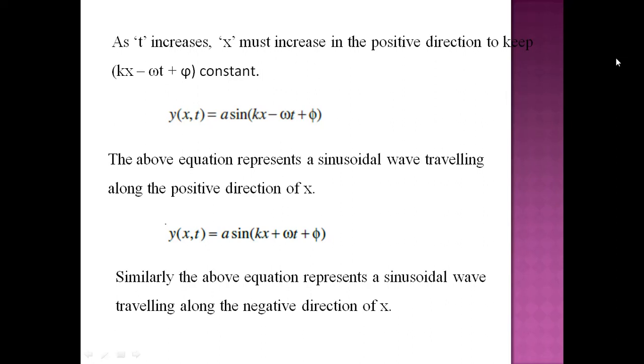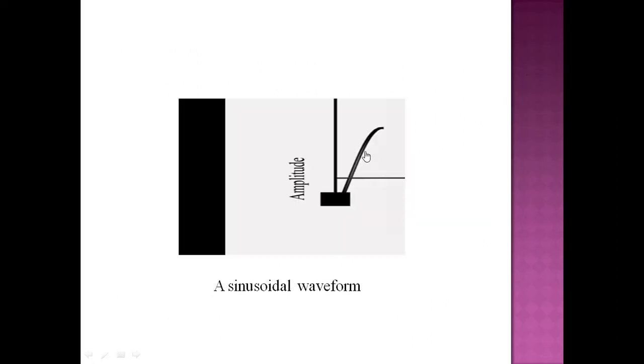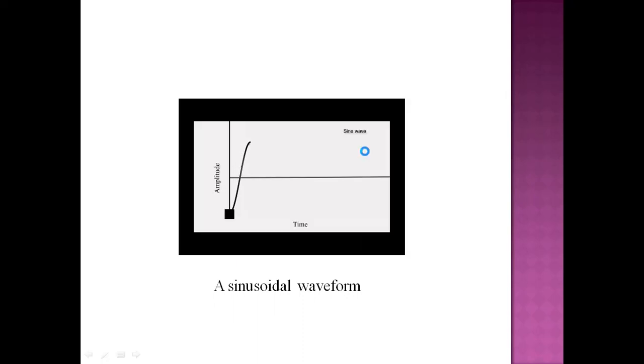So let us see a sinusoidal waveform, and let us see an animation of that. So you can see the periodic oscillation of a particle of the medium along the y-axis.